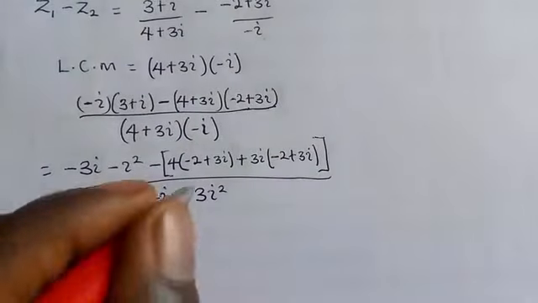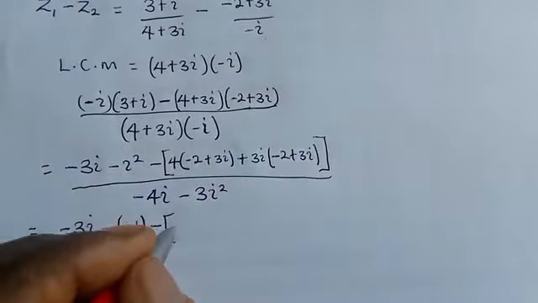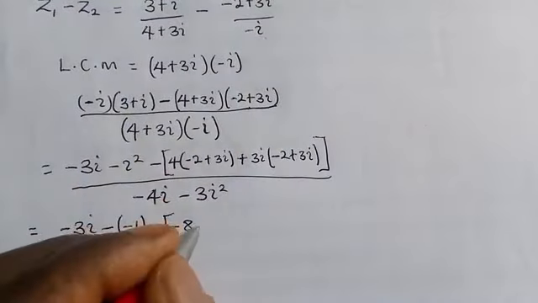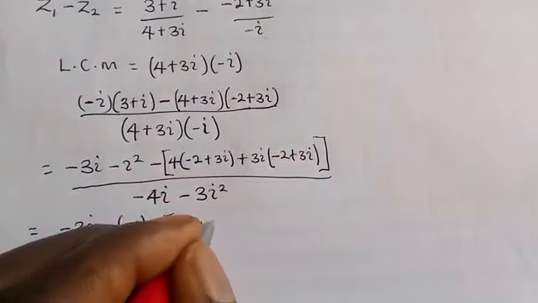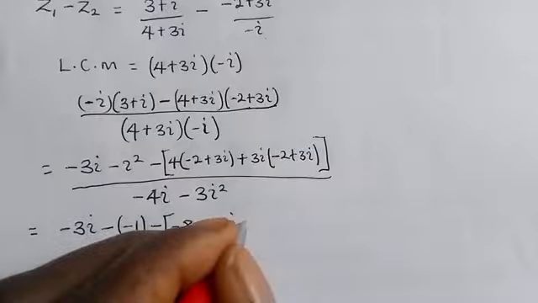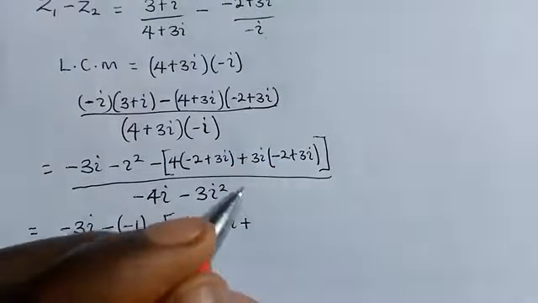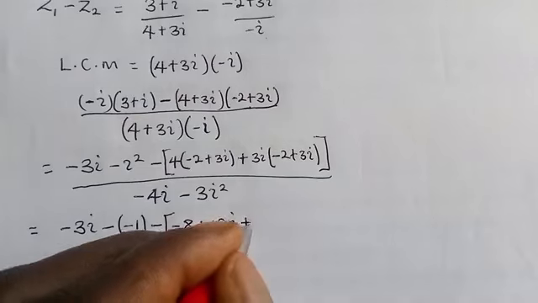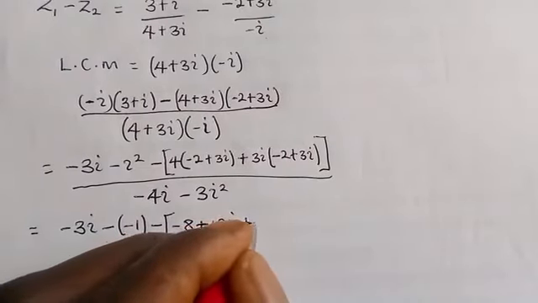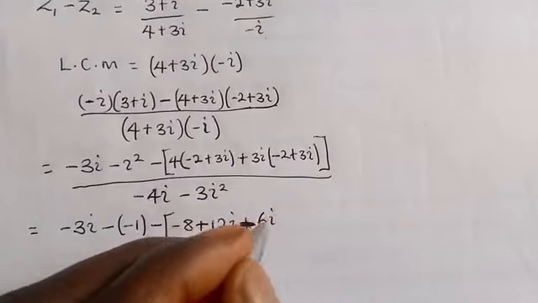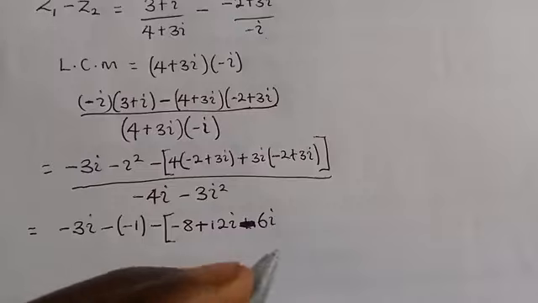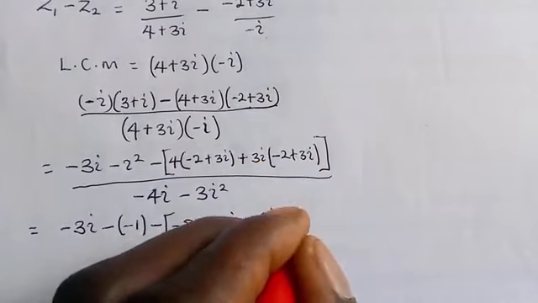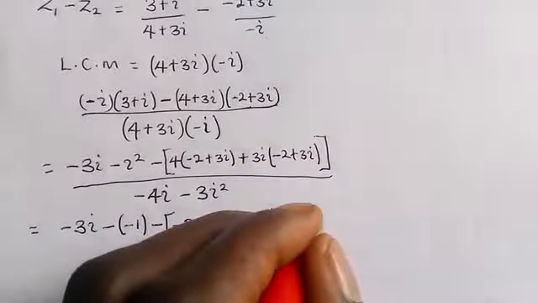Minus, 4 times -2, we have -8. 4 times 3i, we have 12i. 12i plus 3i times negative 2, that will give us negative 6i. 3i times 3i, we have 9i squared.